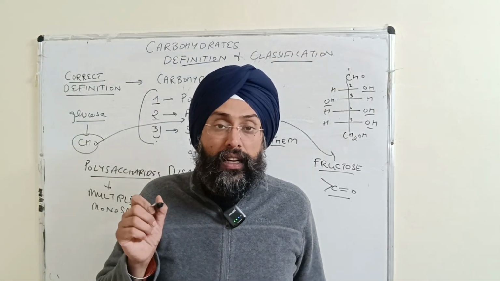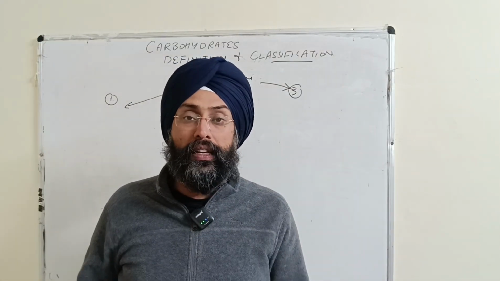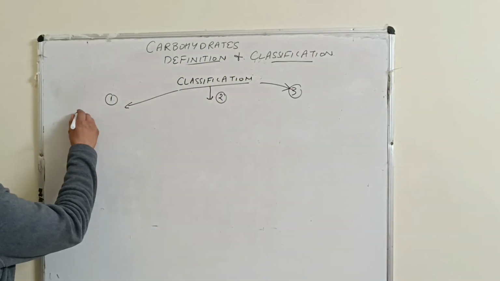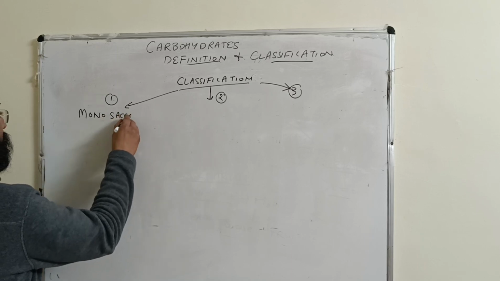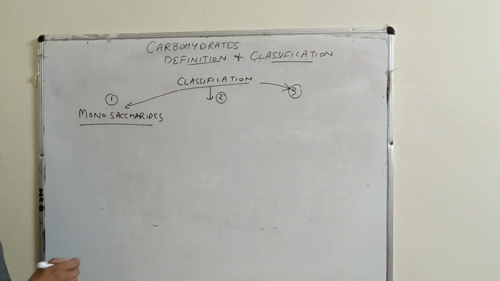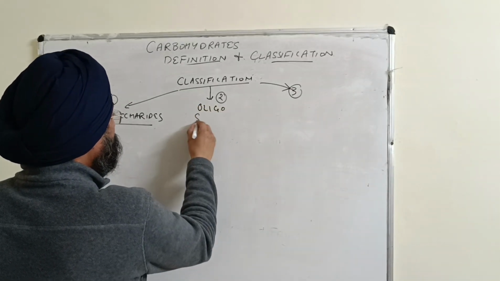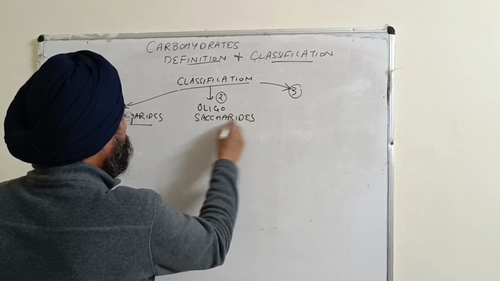Now I will start with the classification of carbohydrates. In classification, they are broadly categorized into three main categories. They are, first is monosaccharides, right? And the second is oligosaccharides, right?